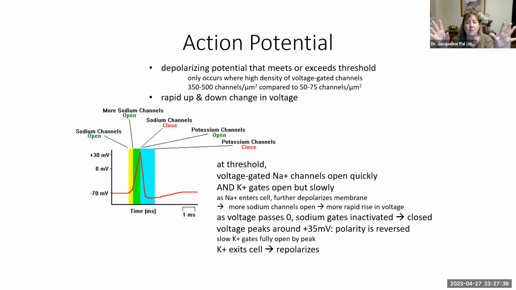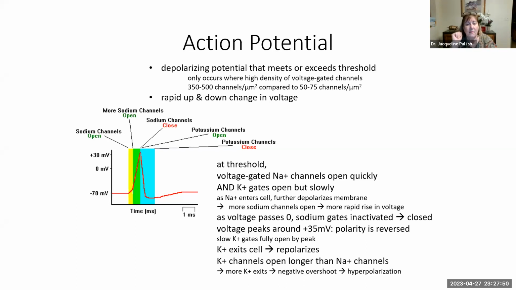And so potassium is rapidly exiting the cell, and that's going to cause a rapid repolarization or rapid downward spike. Now, as you recall, the sodium channels are closed already, and now we have potassium channels, but they're open longer than the sodium channels, and so we're having more potassium exit.